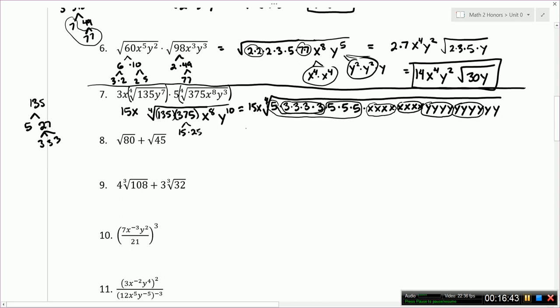So cleaning this up, we end up with 15x times 5 times 3 times x times y times the fourth root of what's left, which is y times y.